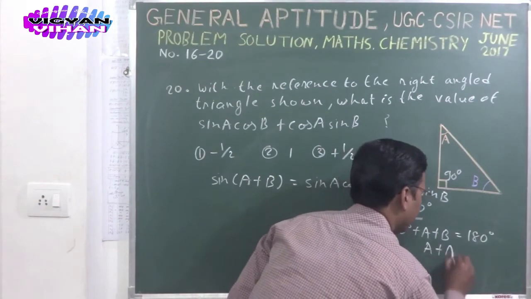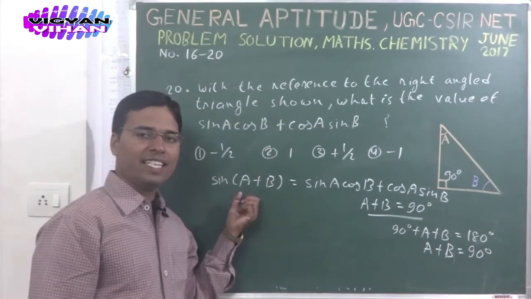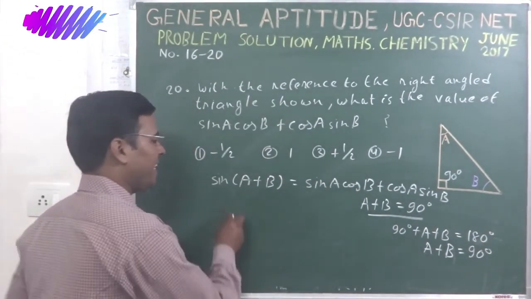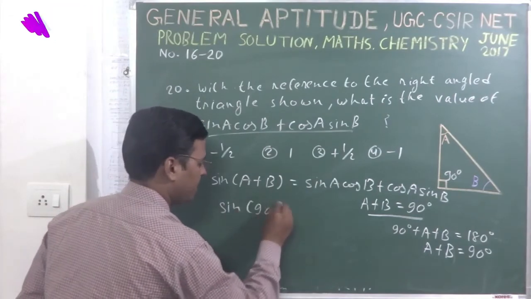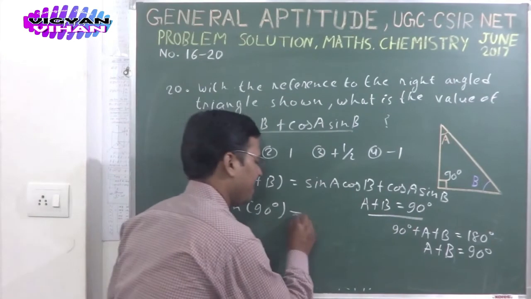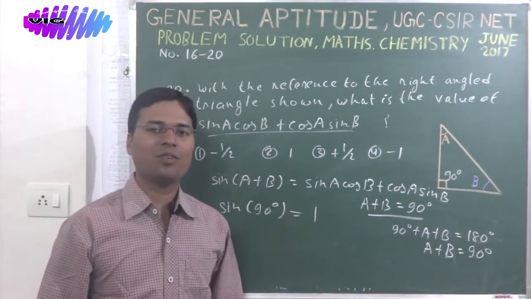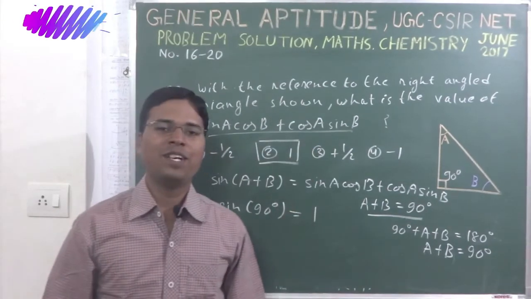Then also you can get A plus B is 90 degree. Now put this value in this formula. You will get the value of this complete expression, sin 90 degree. You know the value of sin 90 degree, that is 1. So the correct answer of this problem is definitely option 2, 1.